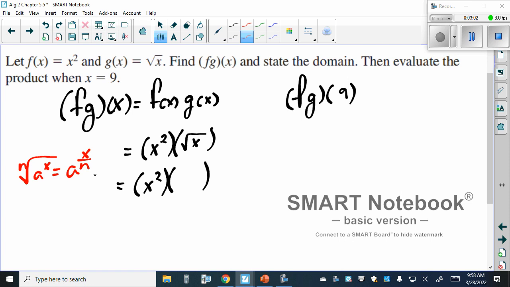Now for our square root of x, is there an exponent connected with it? Well, no. So it's just 1, because there's no exponent written inside the radical. And our denominator is the index of the radical, which for us would be 2. So x to the 1/2 is the same as the square root of x. Any questions on this here?